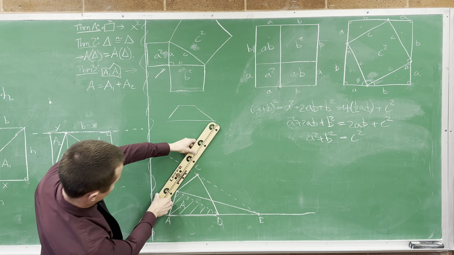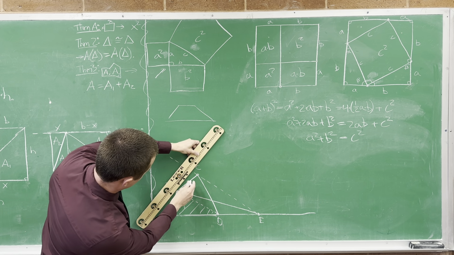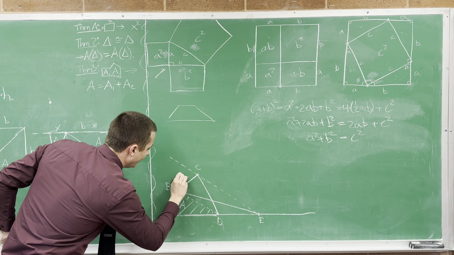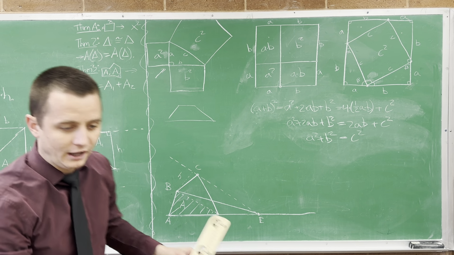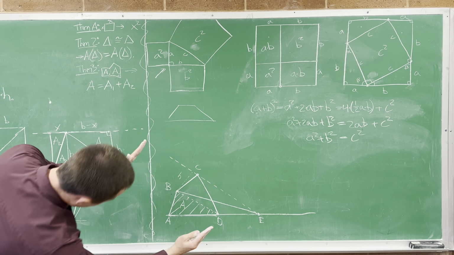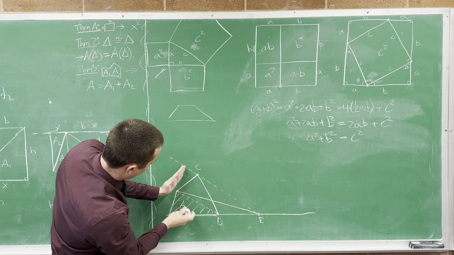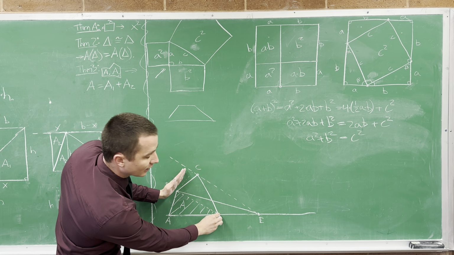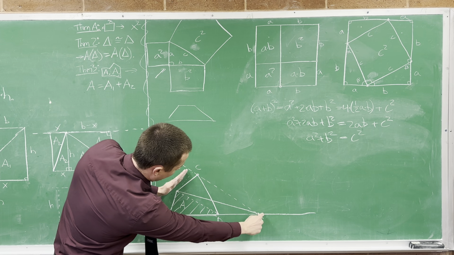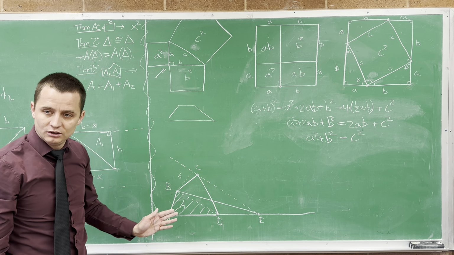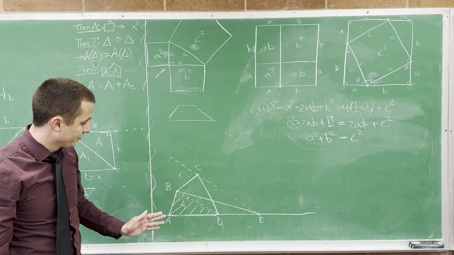Does that look like it's perpendicular? Maybe slanted more? Okay, call that distance right there h. Now, tilt your head for me. Looking this way, we've got this triangle where its base is right here, the dotted line. And we've got this triangle where its base is this dotted line. And they both have height h. They do? Oh, yeah, they do.